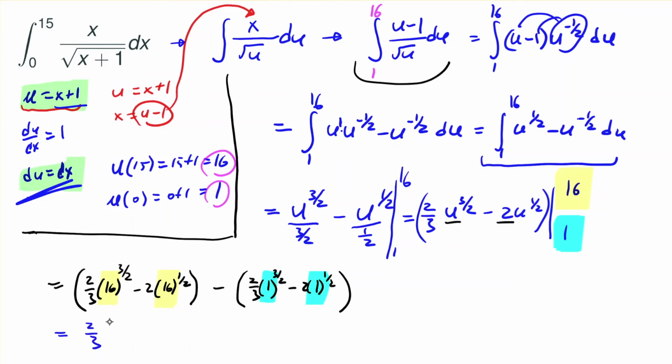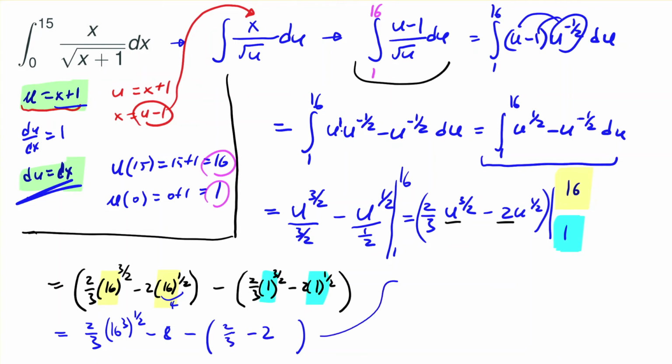This we can think of as 16 to the third power to the half, minus, this is the square root of 16, which is 4, right? 4 times 2 gives us 8. Minus, here we have to keep parentheses for now, right? Because we're subtracting this first. Well, 1 to any power is 1. So we have just 2 over 3 minus 2.